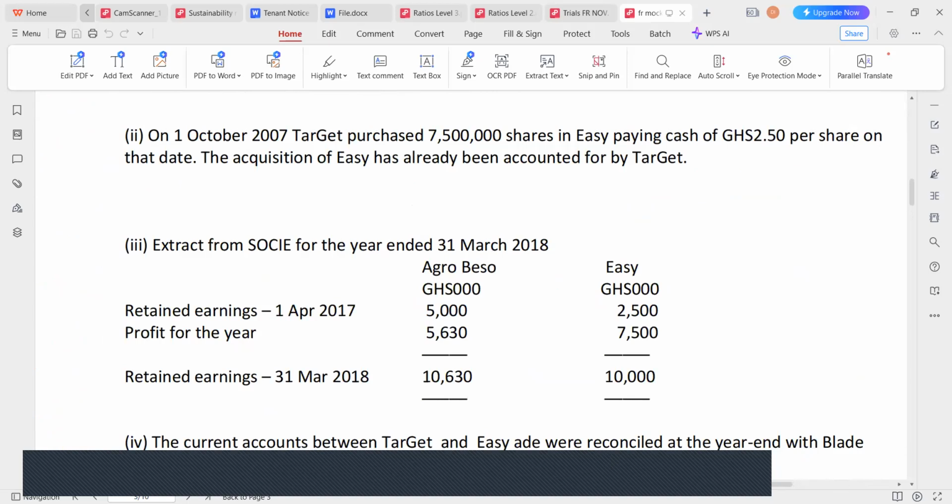Okay, so let me share the mock with you. You should have it on the page now. This is November 2019, but it's still making a difference. It sounds so fresh.